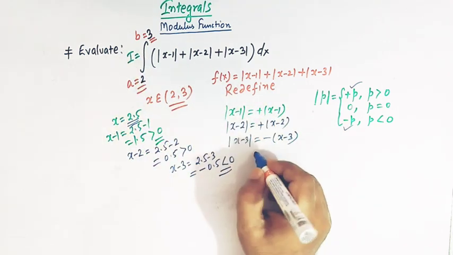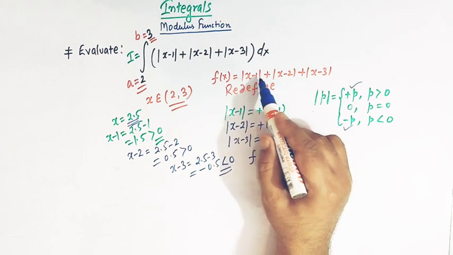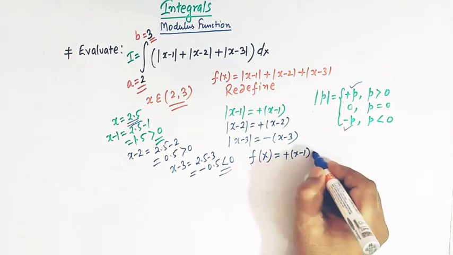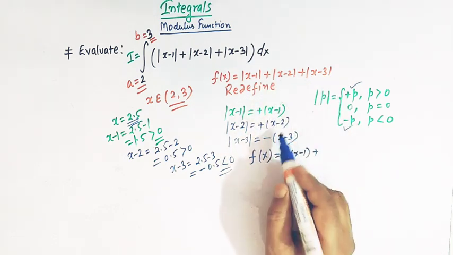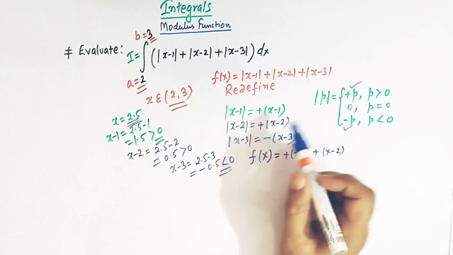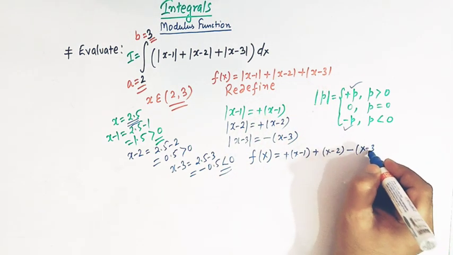So now this function f of x can now take the form mod of x minus 1 is positive x minus 1, then mod of x minus 2 is positive x minus 2, and mod of x minus 3 is the negative of x minus 3, right?